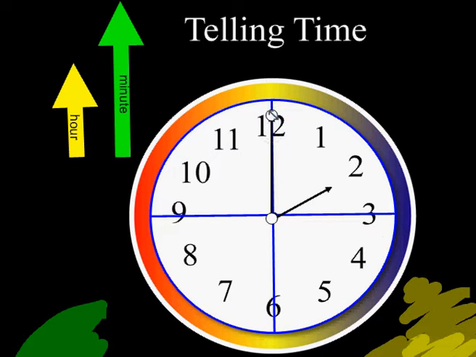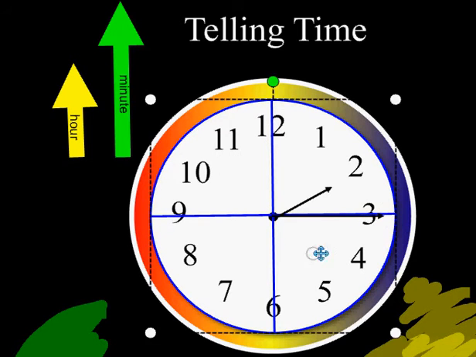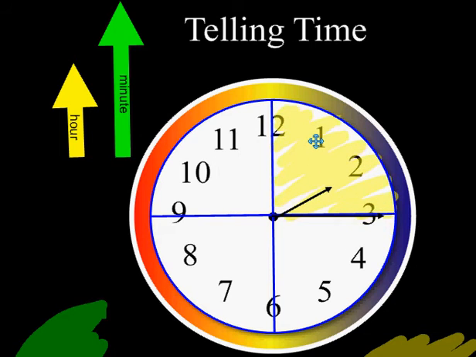If this hand moves to the 3, it's moved 1/4 of the way around the clock. At 2:15, that hour hand is 1/4 of the way after the 2. The minute hand is 1/4 of the way around the clock.